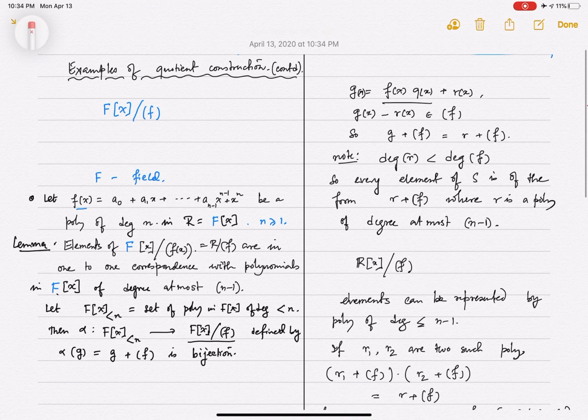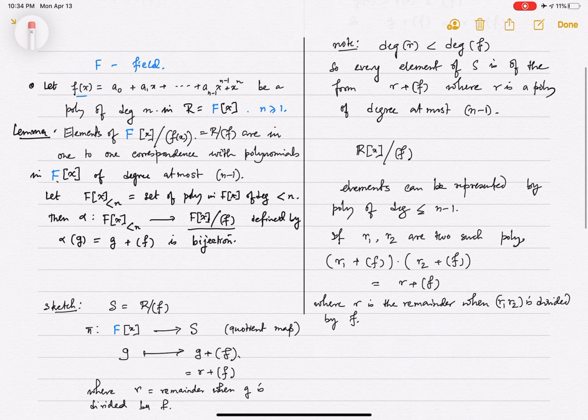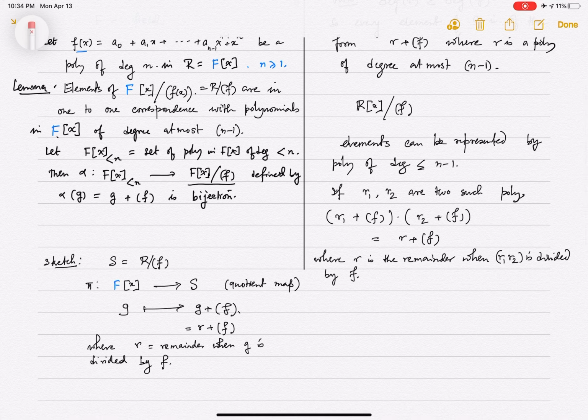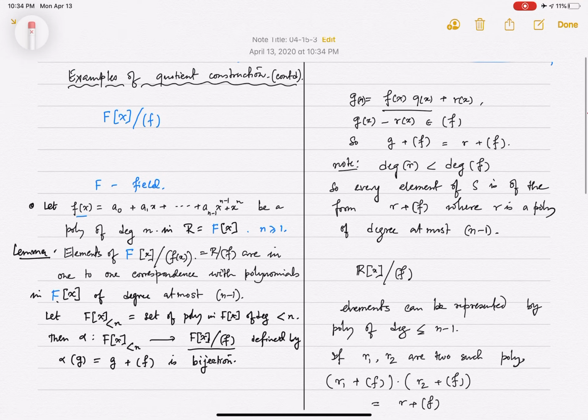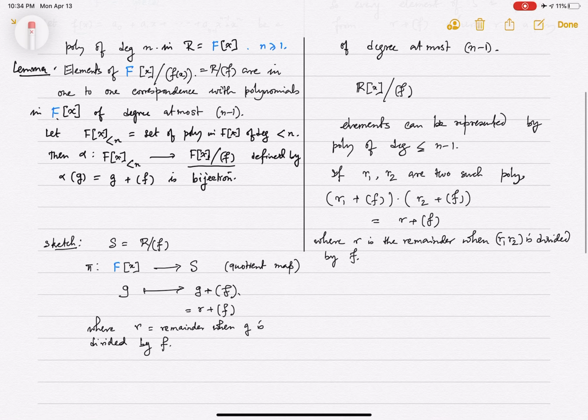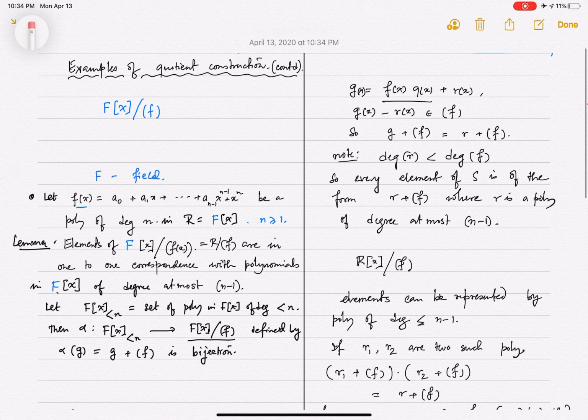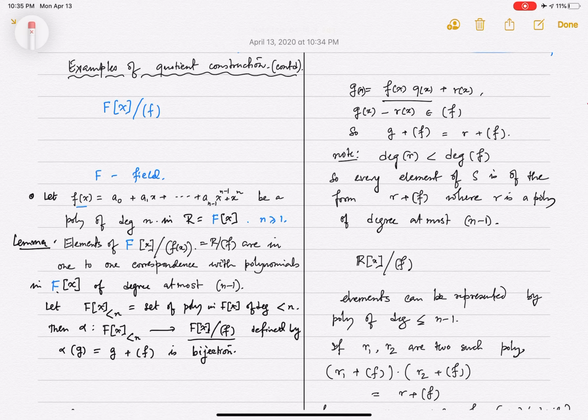So I'll actually say this again maybe. Let's call this quotient S. Take an element k of the quotient ring.